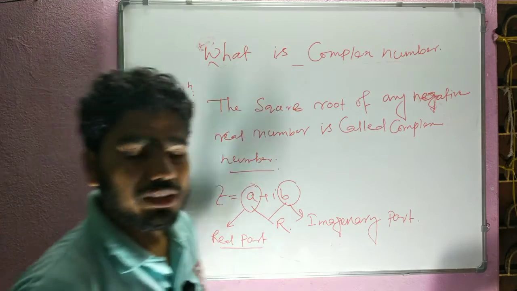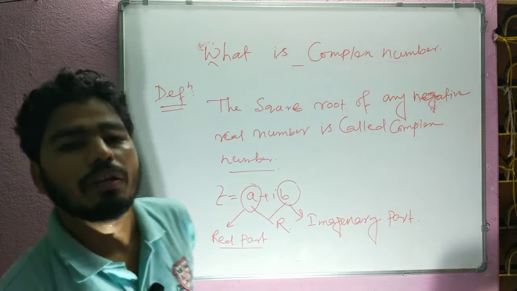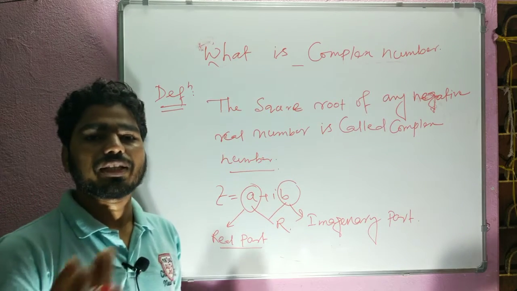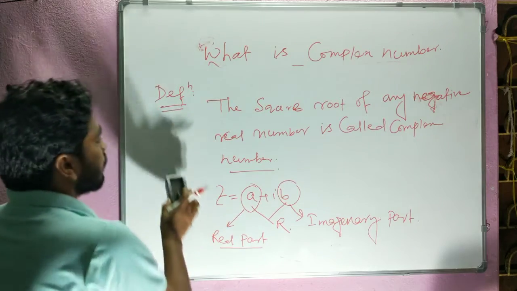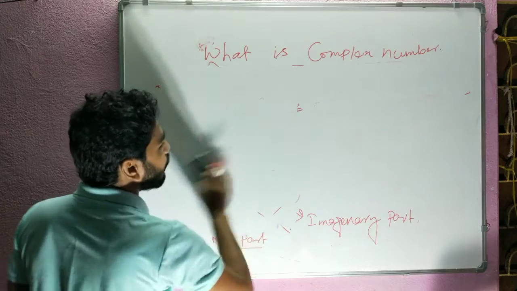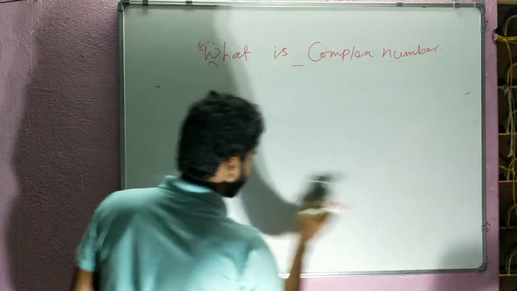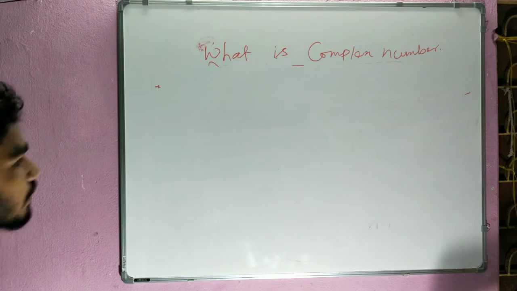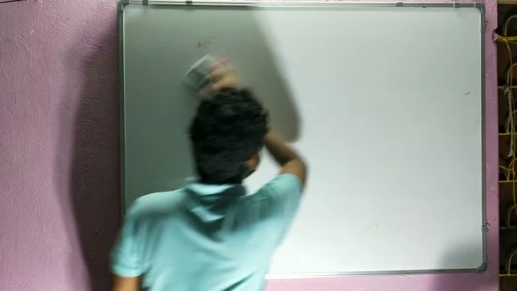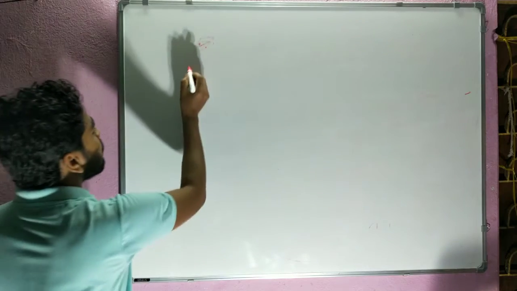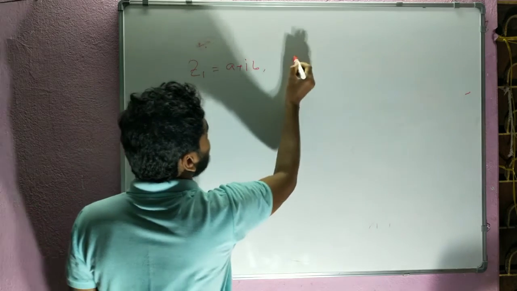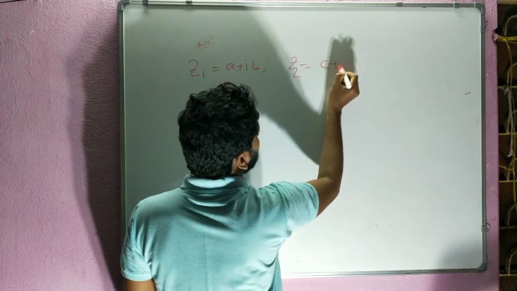Next, we discuss the fundamental operations of complex numbers: addition, subtraction, multiplication, and division. Suppose z1 equal to a plus ib and z2 equal to c plus id.